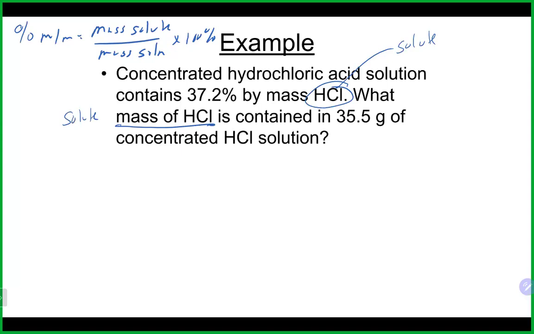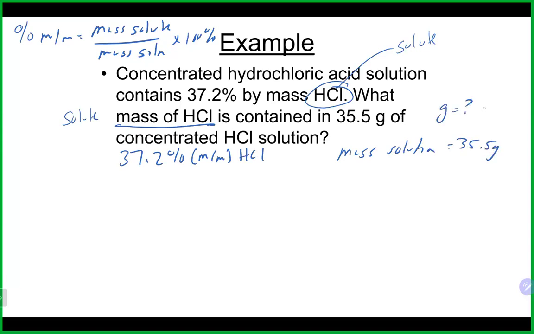That's how I know, for example, 35.5 is the grams of the solution. So we do have the 37.2% by mass HCl solution. We do have the mass of the solution, which is 35.5 grams. And obviously here we could look for the grams of the HCl, which is basically our solute. So you could plug and chug into that equation if you like and solve it.